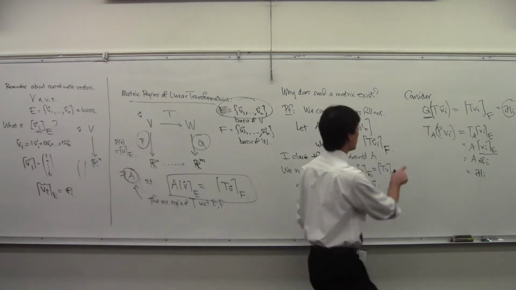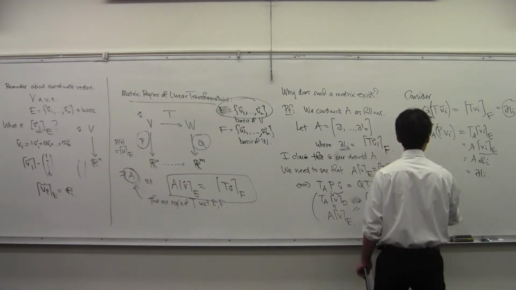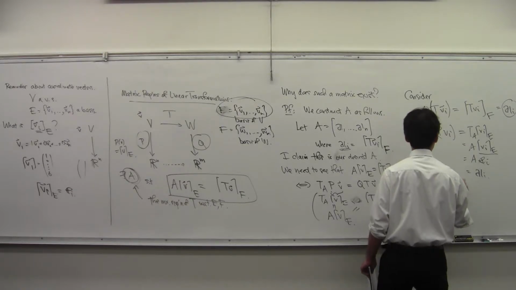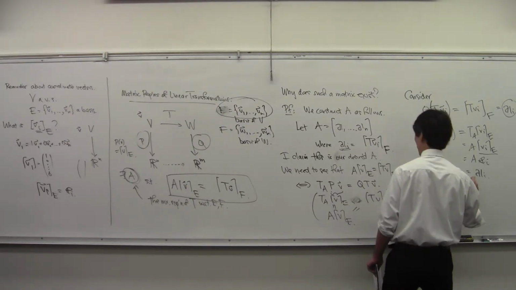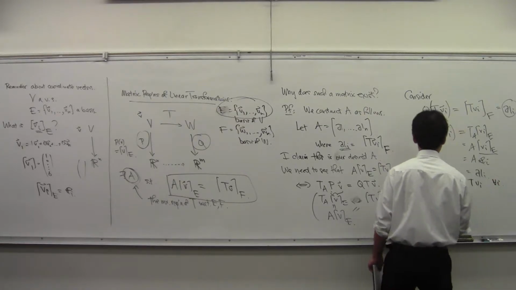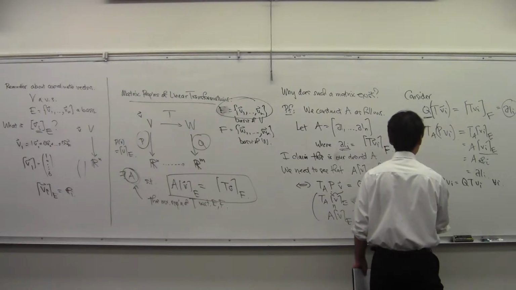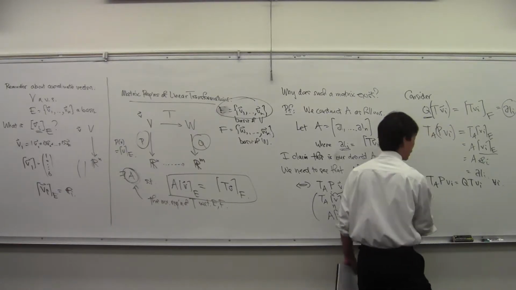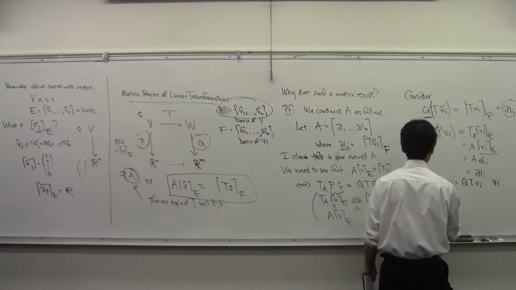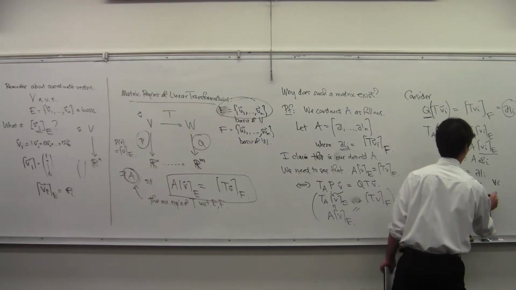So, in other words, TAP VI equals QT VI for all I, right? So they agree on a basis, right? So TAP equals QT since they agree on basis.